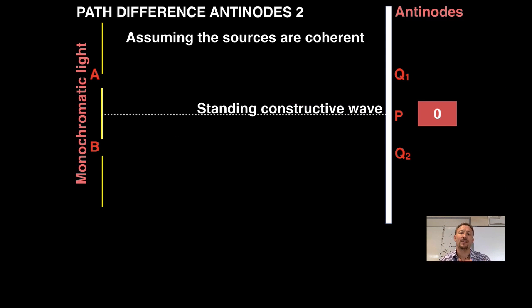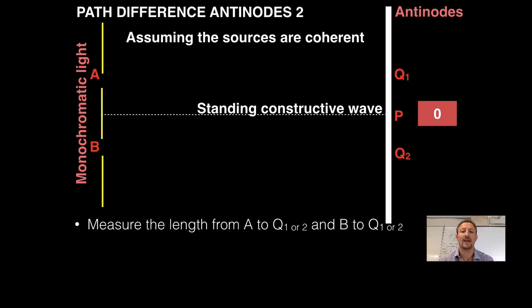Now the next fringe pattern would be at Q1 or Q2. What we can do here is exactly the same thing. We measure the distance from A to Q1 or A to Q2, and from B to Q1 or B to Q2, making sure that in each case we're going to the same point.